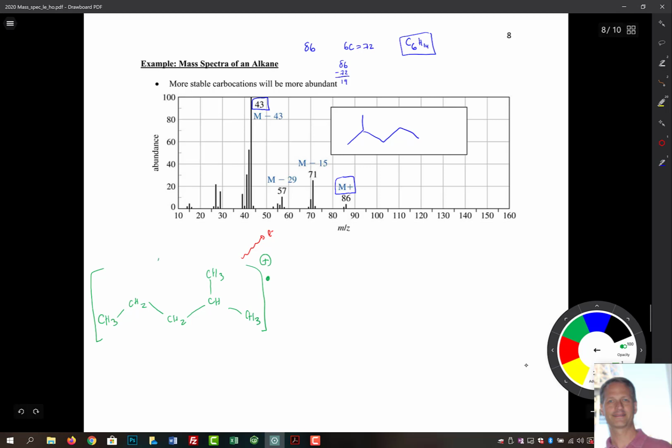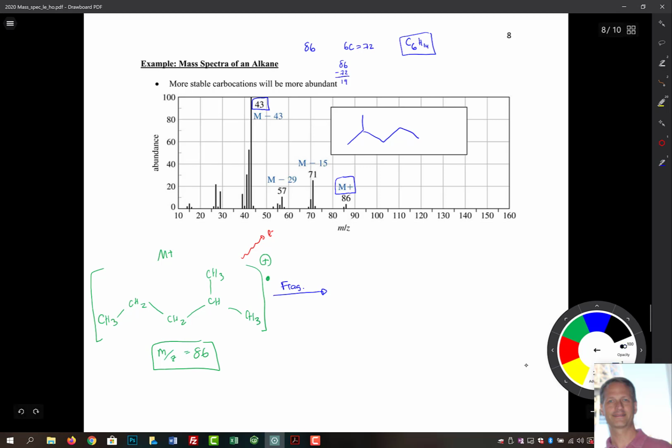So this is your M plus with a mass to charge equal to 86. But remember, next what happens is we have that fragmentation. So how might this fragment? Well, we have 86 and 43, right? We've cut this thing in half. 43 is half of 86.